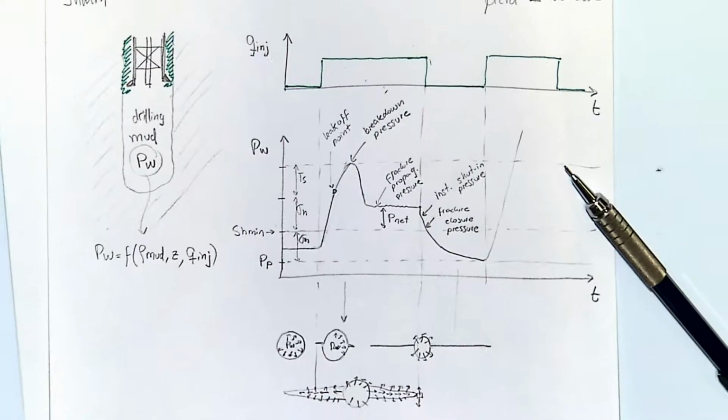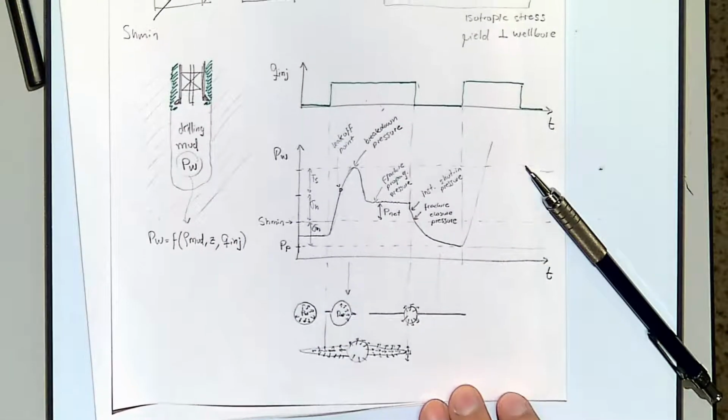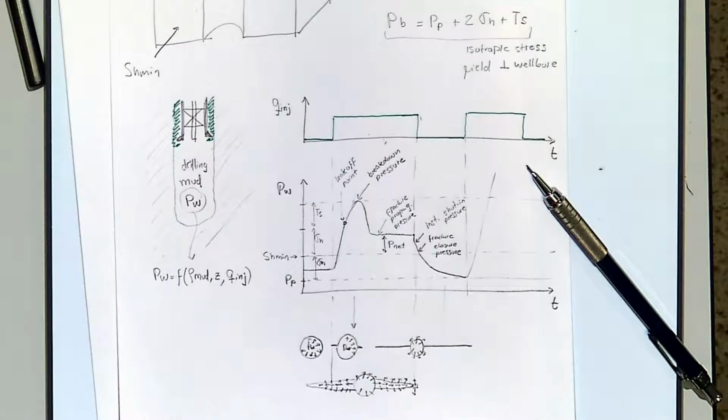The answer is in that equation. Say again? Not as high as before. But how much? Tell me exactly how much it is going to go. Oh, it will go Pp plus 2 sigma h. And why? Because it's already fractured and there's no tensile strength.